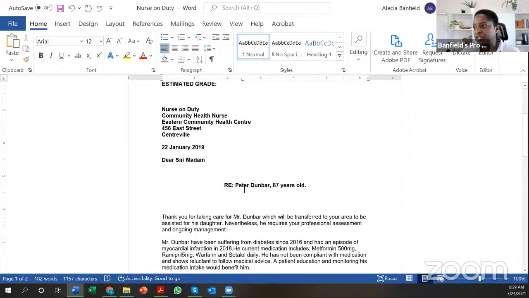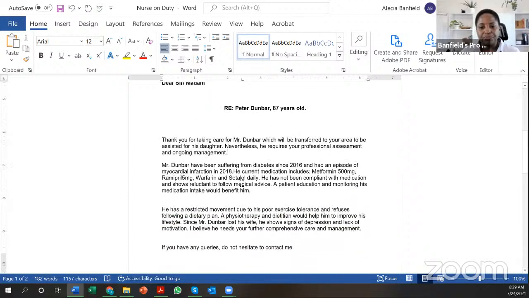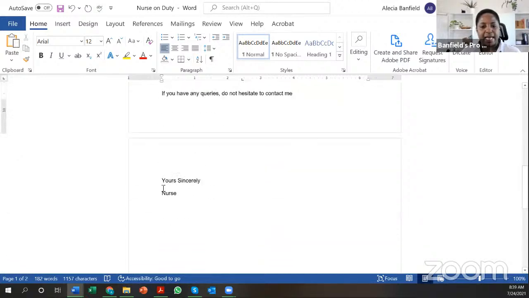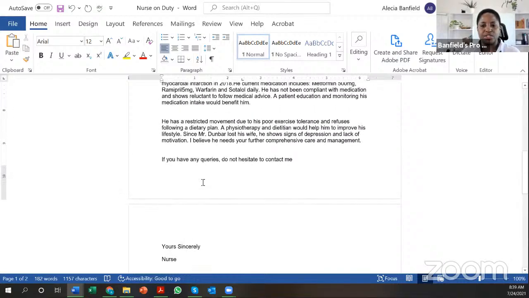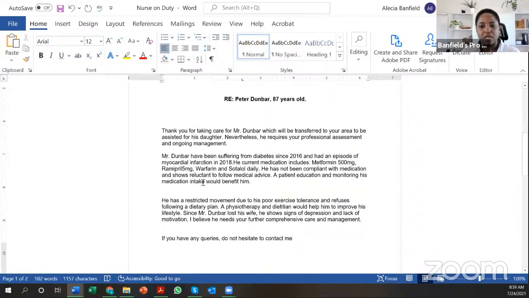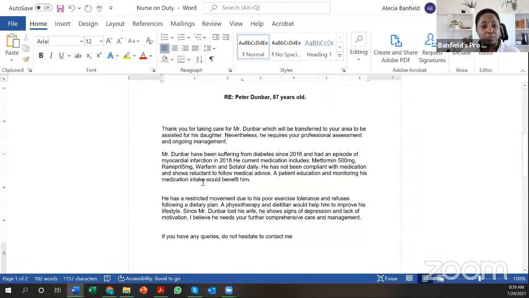He's got the patient. He has written on every line within a paragraph. He's left a clear space between paragraphs, and he's finished with a nice formal valediction, yours sincerely, which is all well and good. So now let's read the content, the body of the letter, which is what you really get your marks for.